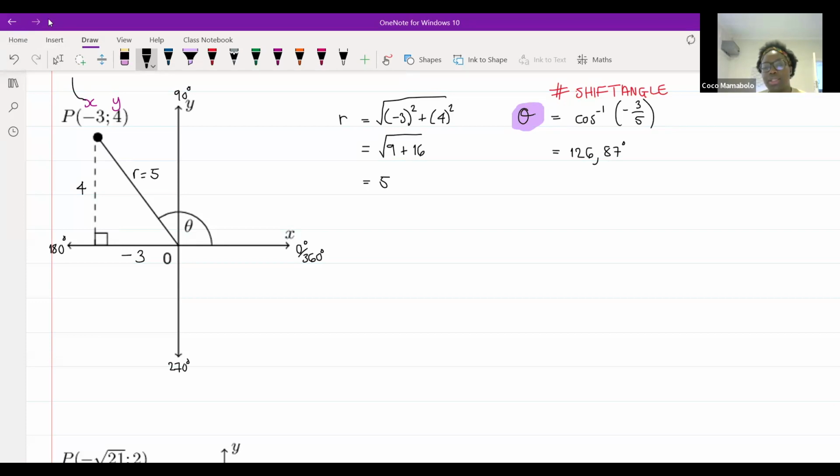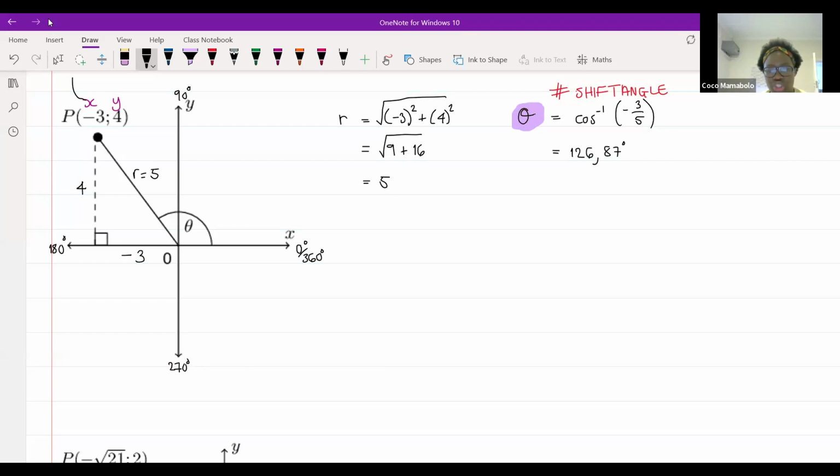Somebody used, yes, Morangi. What answer did you get? Because I'm bringing it up for a particular reason. Morangi, you can unmute and let me know. Oh, ma'am, I don't know if it's my calculator, but I did the same thing, but it's saying 126.9 instead of 126.87.